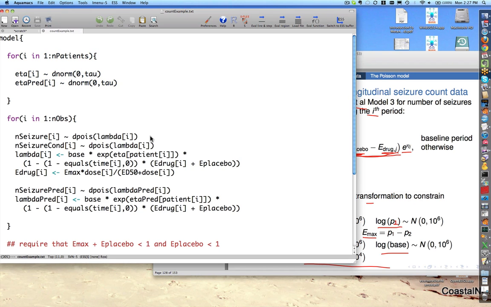Okay, so we've got our Poisson there, and we're finishing up with our lambda. We've got our random effect in there, and then this term down here is essentially what you saw as 1 minus E drug minus E placebo, just written a little bit differently, and I included a term here to take care of the fact that I only want this part to apply to the non-baseline.